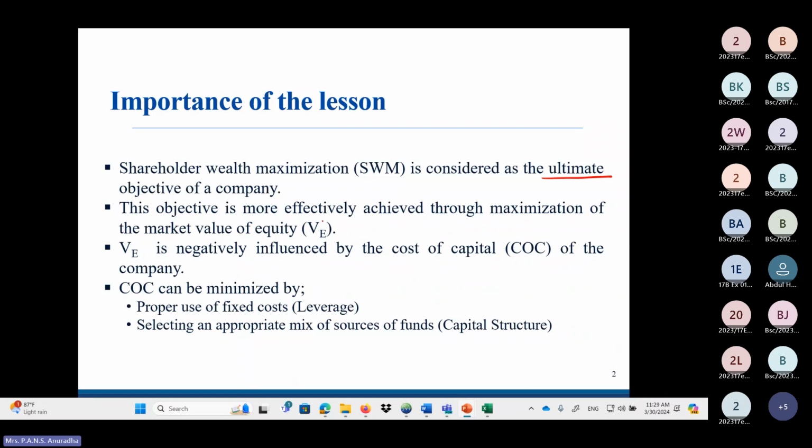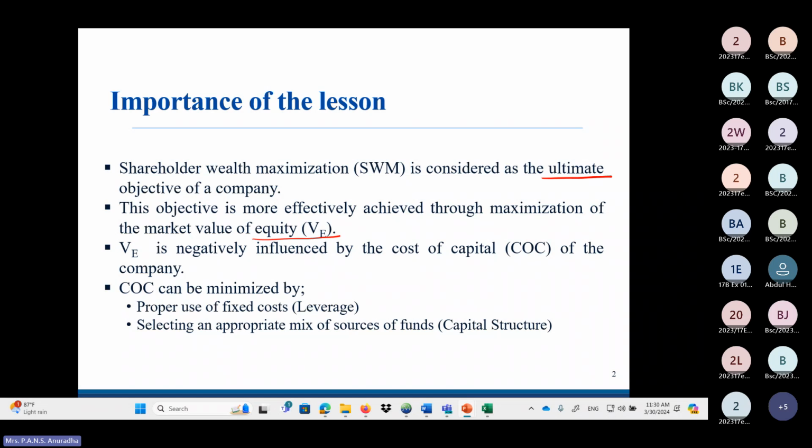This objective is more effectively achieved through maximizing the market value of the equity. You remember in the first lecture, we said that wealth you can maximize by maximizing the market price of the company share.